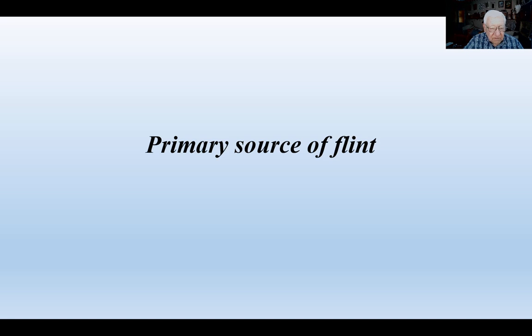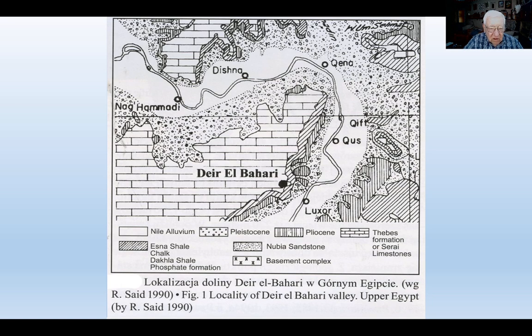The best place for the examination of flints is the region of West Thebes, King's Valley, and so on, because there is one of the highest hills in this area. It's called La Cime.